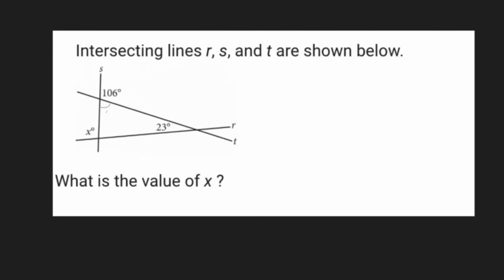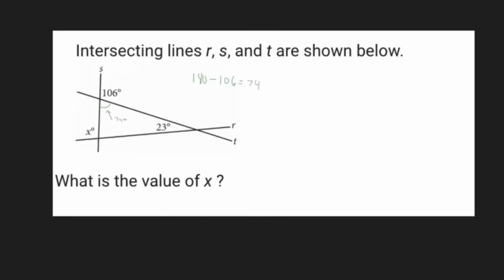So 180 minus 106 gives us a value of 74. So we know this angle right here is going to be 74 degrees.